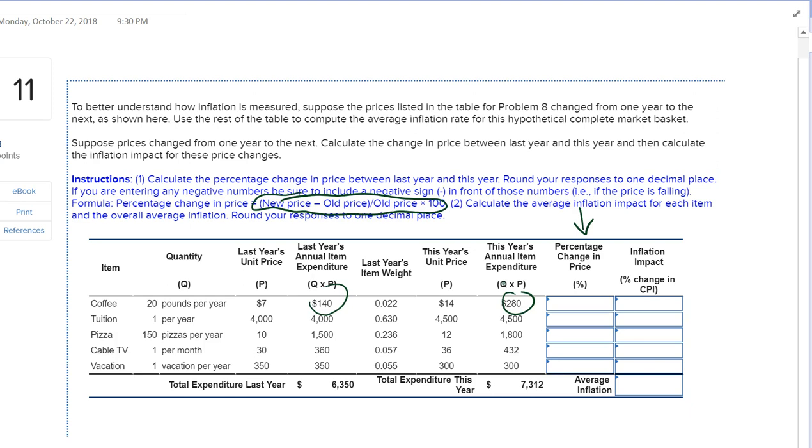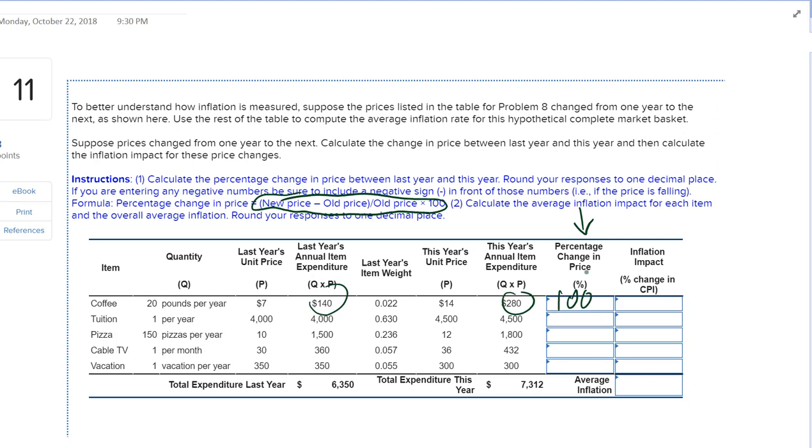So I'm going to be a little bit lazy here, and I'm going to say, well, it went from 140 to 280. So it doubled in price. So it had a 100% change. Now, if you're not comfortable with just seeing that, then run it through the new minus old, right? 280 minus 140 is 140 over 140. 140 divided by 140 is 1 times 100. So run it through that formula if you ever feel like you want to be sure. And that's not so hard to do.